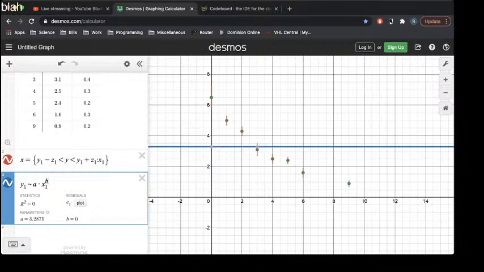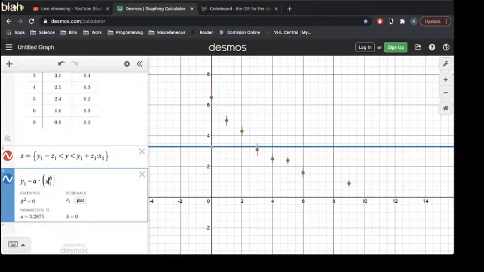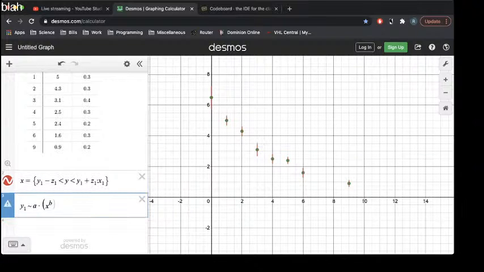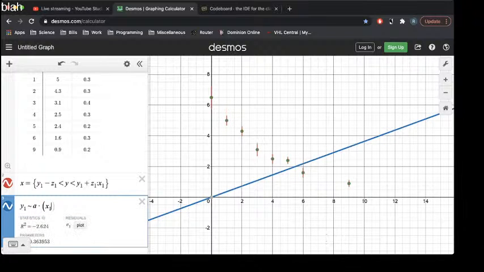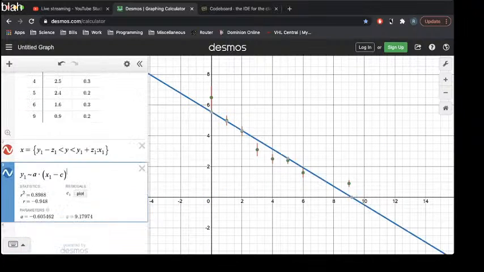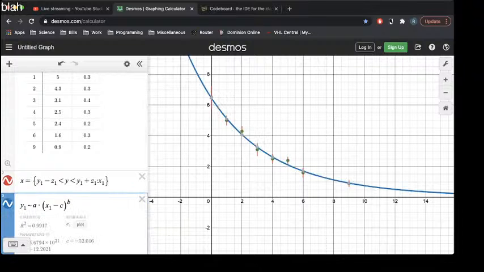What we could do is maybe it's a shifted horizontally power law. There's all kinds of little tricks you can do to try and make your data fit. So maybe it's x1 minus c to the b power. So that works pretty well.